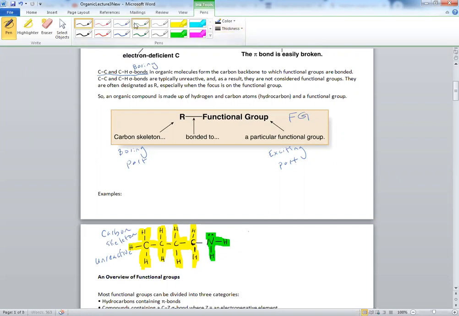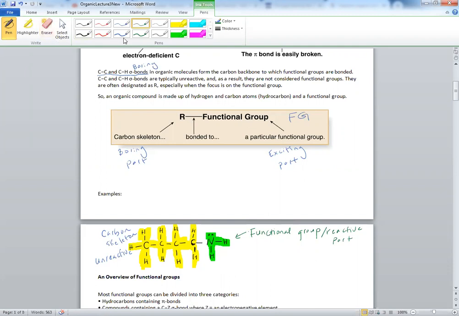This would be the functional group. And it's the reactive part. Well, let's look at what makes it important in this sense, or reactive.